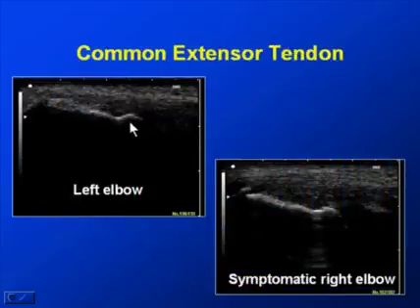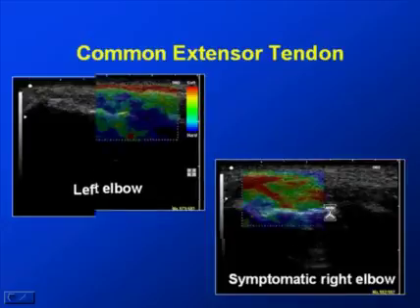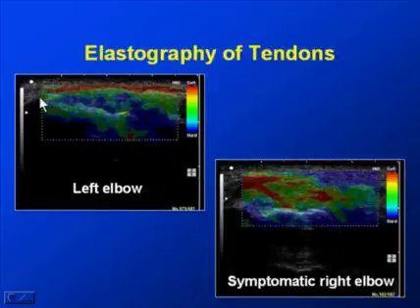You can see when you look at the B mode here, if you contrast the left side, you can see the tendon sitting up on top here, and maybe in the right one it's a little bit wider than the left one, but it's really only when you go to the elastograms that you appreciate that the asymptomatic tendon is very nice and stiff and has a lot of blue in it indicating hardness, whereas the symptomatic one is an odd mixture of green and red indicating all these soft tissues, because this is the tendon that has the problems.